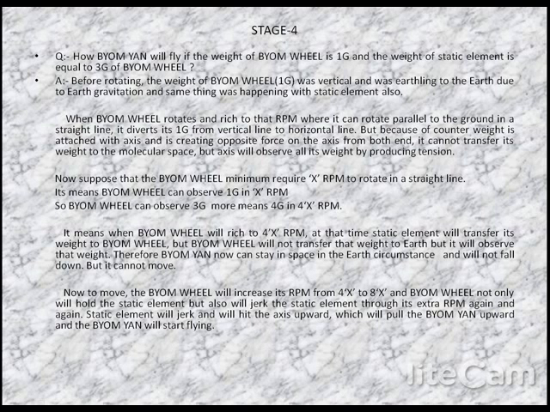Now, suppose that the Bohm wheel requires a minimum of x rpm to rotate in a straight line. It means the Bohm wheel can absorb 1g in x rpm. So the Bohm wheel can absorb 3g more, meaning 4g, in 4x rpm.